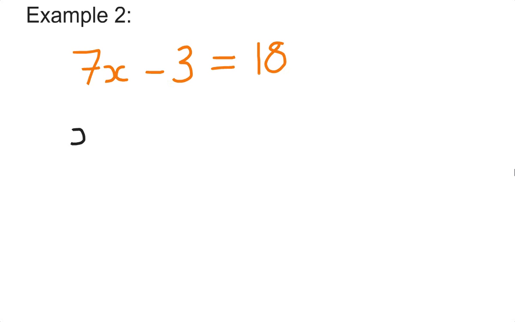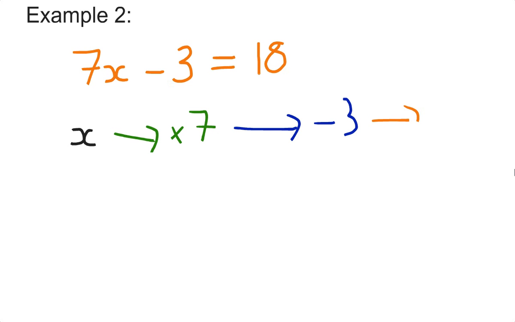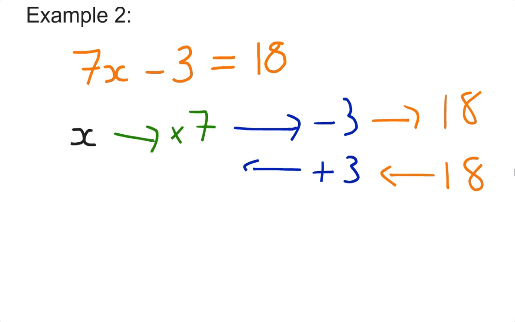So, if we start with the x, the first thing that we're going to do is times by 7. Then once we've done that, we're going to take away 3, and our answer is 18. Now working backwards, if we start with 18, first thing we're going to do is add 3, because the opposite of take away is add. 18 plus 3 is 21.